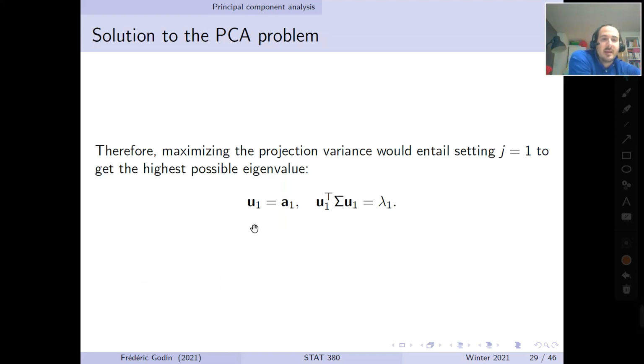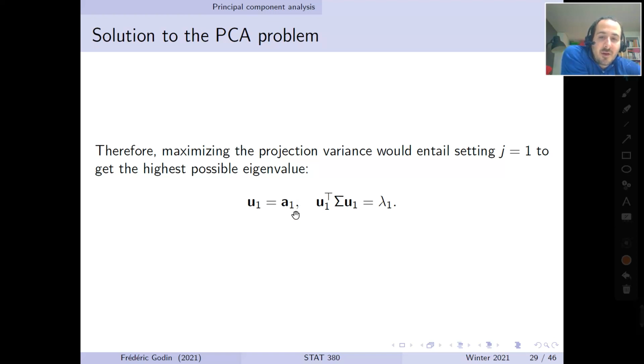So basically this shows that the first vector we're identifying in our PCA analysis must be the first eigenvector of the matrix sigma. And by first, I mean the one associated with the largest eigenvalue.